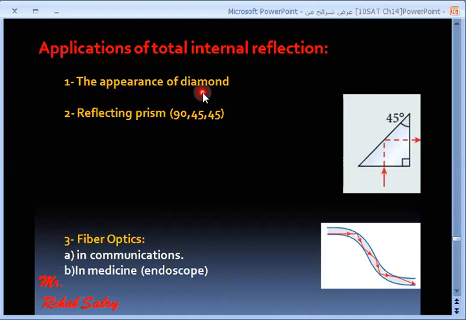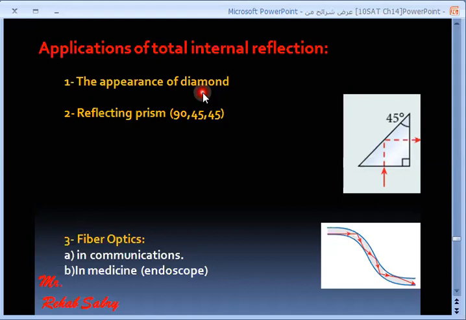We know that the diamond has a wonderful appearance. What is the source of this appearance that gives the diamond its good, high value?